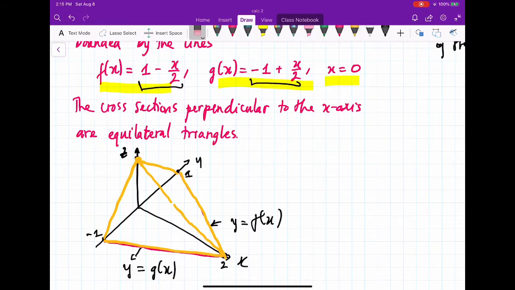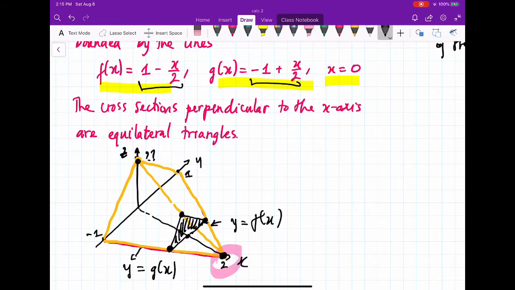That means if you have some cut at some x right here, you will have this, the cross section perpendicular to the x-axis, and that is an equilateral triangle. So we need to figure out this coordinate. Firstly, we need to find the intersection. Why do we have 2 right there?